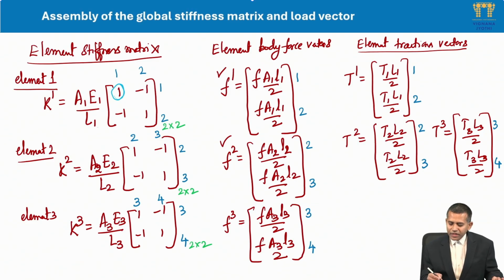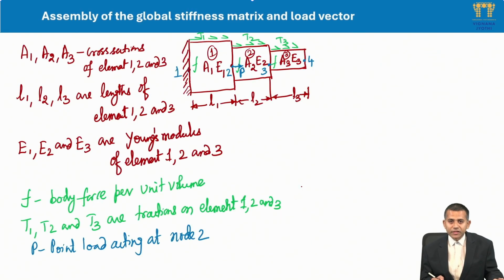So now we will try to assemble and solve. You know now how many nodes are there in this entire system: 1, 2, 3, 4. So the total system has 4 nodes, and each node has only 1 degree of freedom.